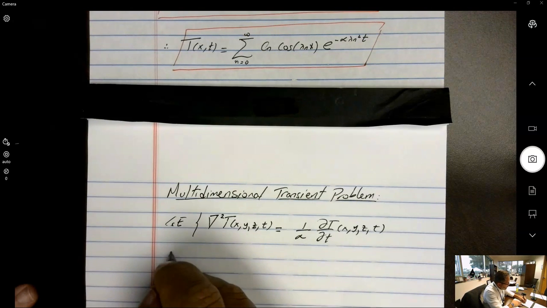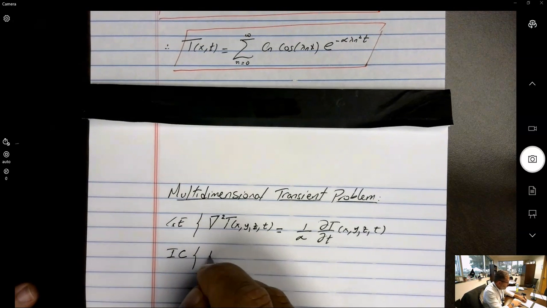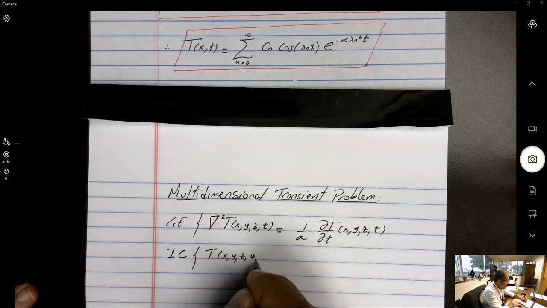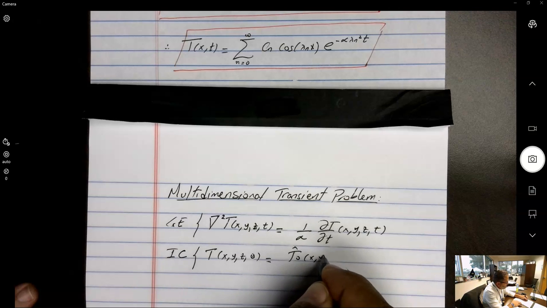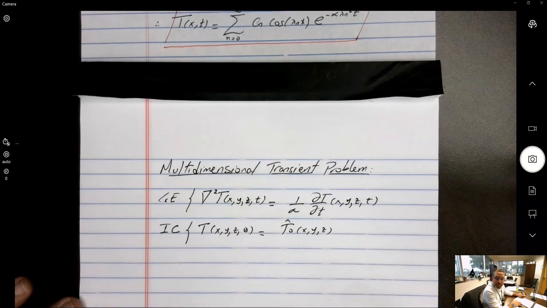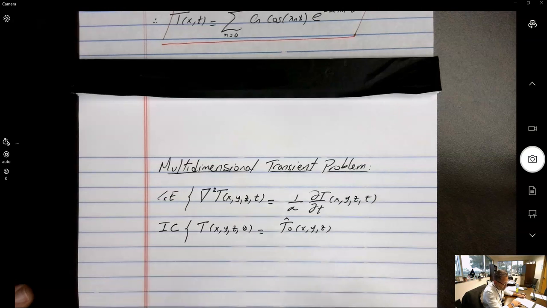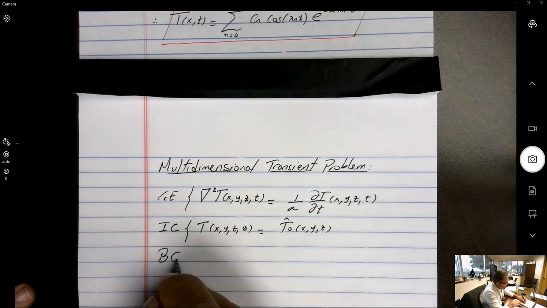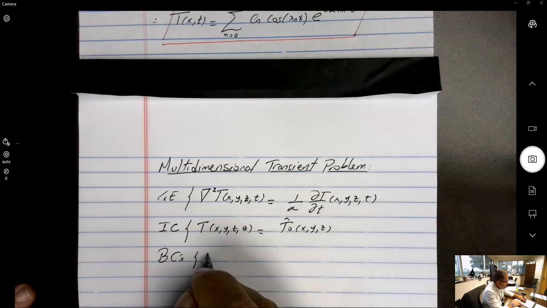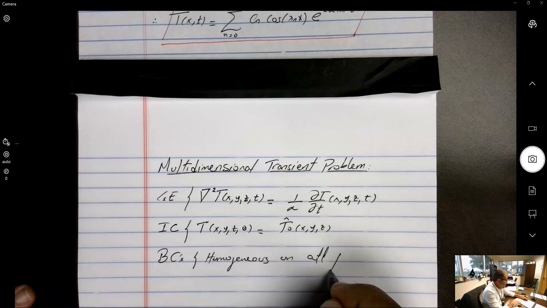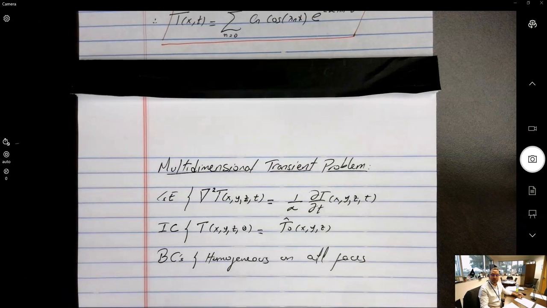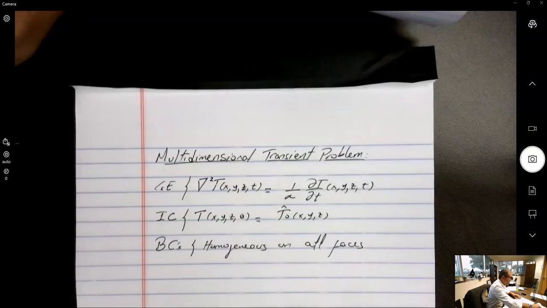And let's say that the initial condition happens to be non-homogeneous. So at time equals 0, we have again a T0 of x, y, and z, some initial distribution of temperature, which could be a constant. And let's say the boundary conditions are homogeneous on all faces. Can be first, second, or third kind, but they're all 0. So homogeneous.